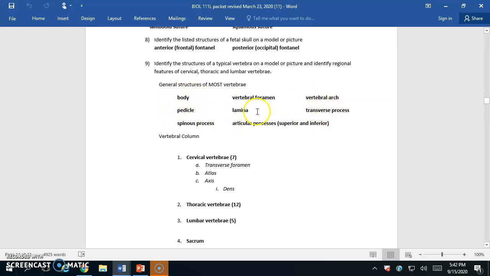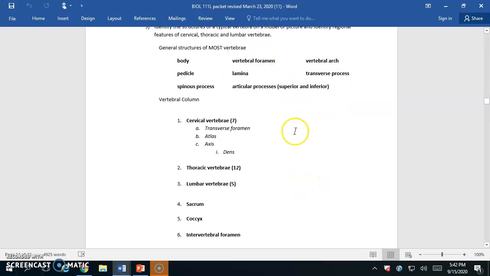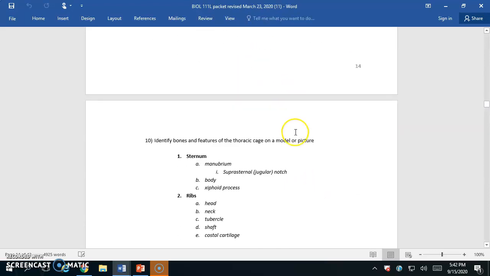So you'll be identifying those various parts on them. There'll be a hole in the middle of them. That's where the spinal cord goes, so it's called the vertebral foramen. And there'll be an arch above that vertebral foramen, so they call it the vertebral arch. And again, there's pictures of those as well as videos that go over those.